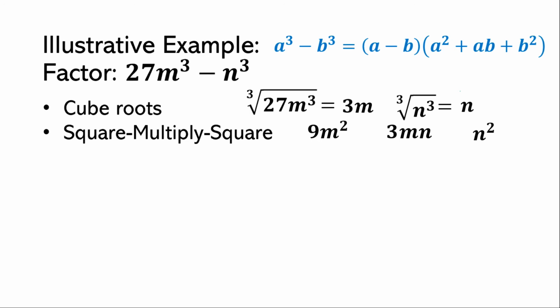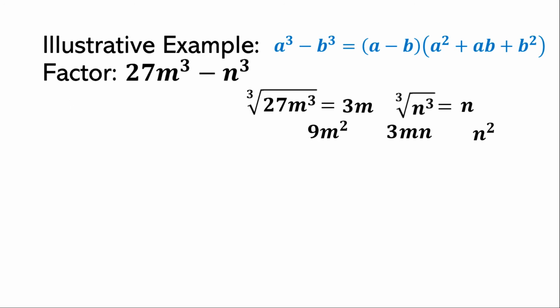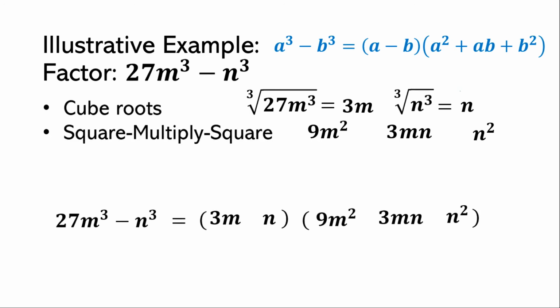Again, i-arrange natin siya. Alright, so we will have this one, yung 3m at saka yung n for our binomial. And for the square multiply square, yung tatlong term na nakuha natin will be for the trinomial. Again, remember the term SOAP. Since we are factoring the difference of two cubes, the sign is negative or minus.